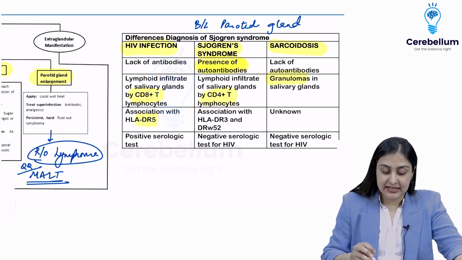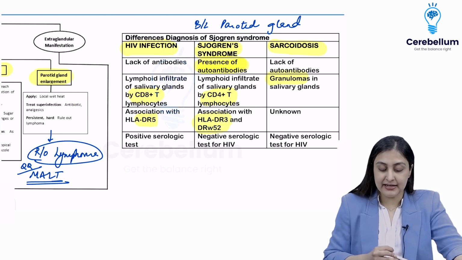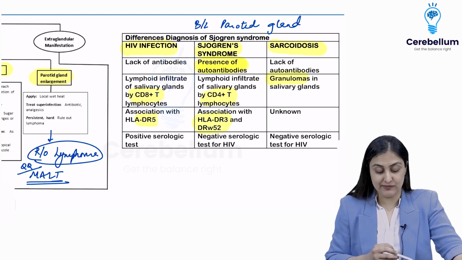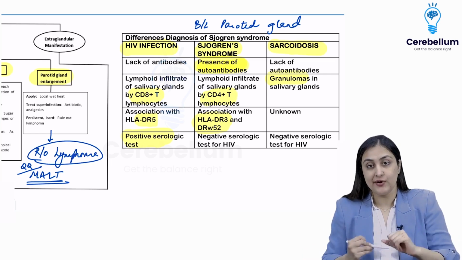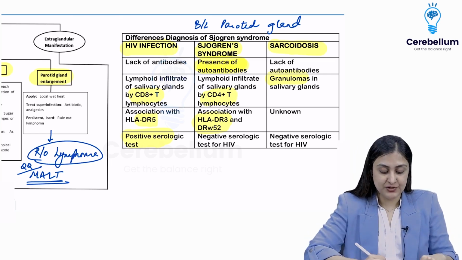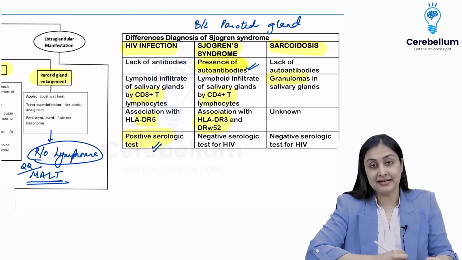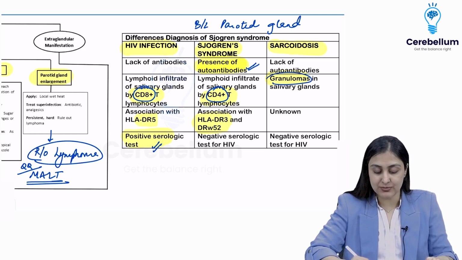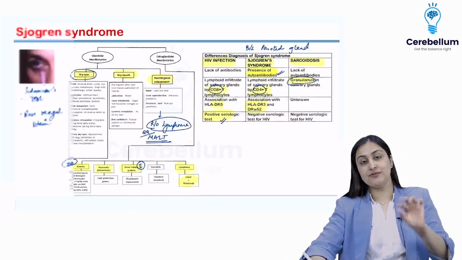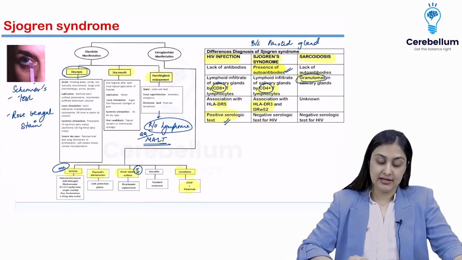HLA DR5, DR3 and DR52 are associated with Sjogren's, not very important. Obviously, HIV is going to be positive in HIV. Alright, so the two most important things you want to send are HIV and anti-Ro, anti-La. If you do a biopsy, CD8, CD4 and granulomas would be the hallmark. Alright, so very important approach here.